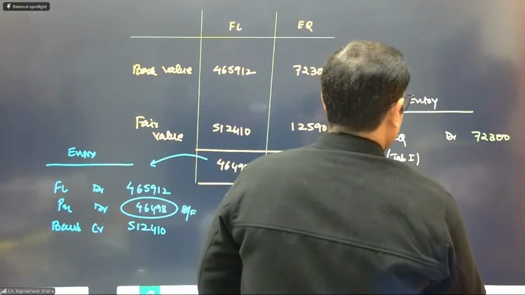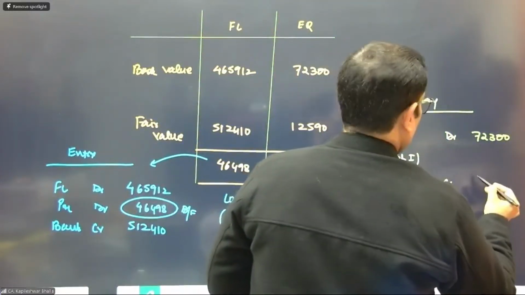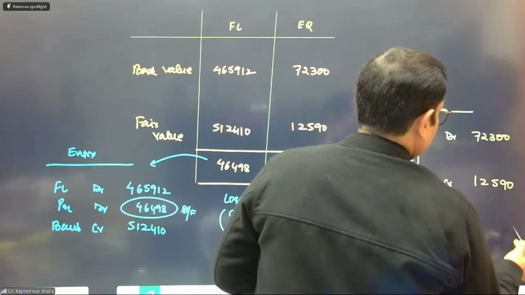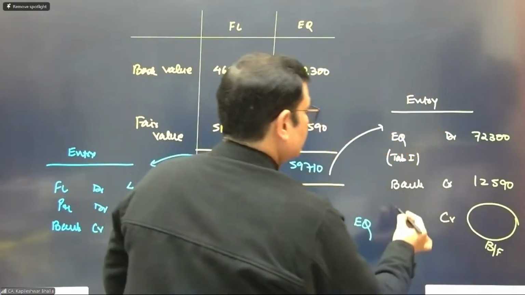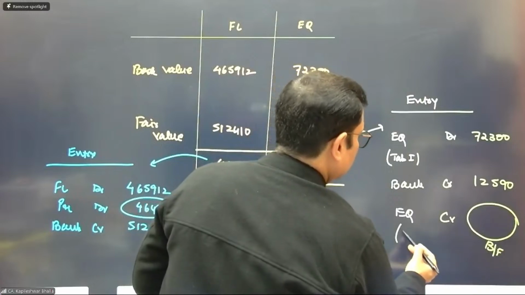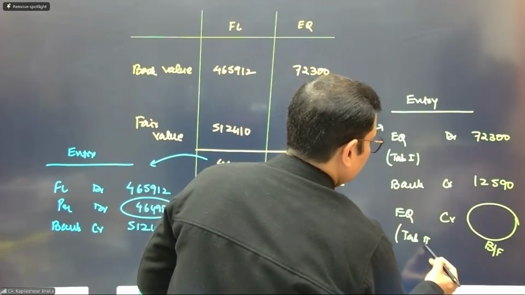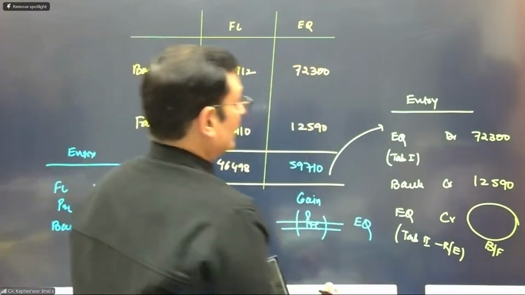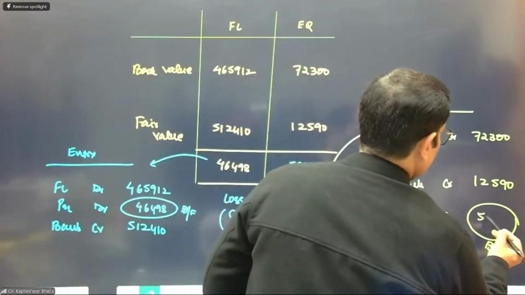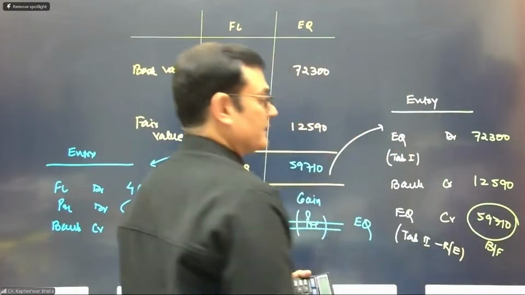And the money paid is 12,590. And there is a gain, which is a balancing figure. This is also going to be taken in equity, in tab number 2, which is retained earnings. And that is 59,710, the balancing figure.